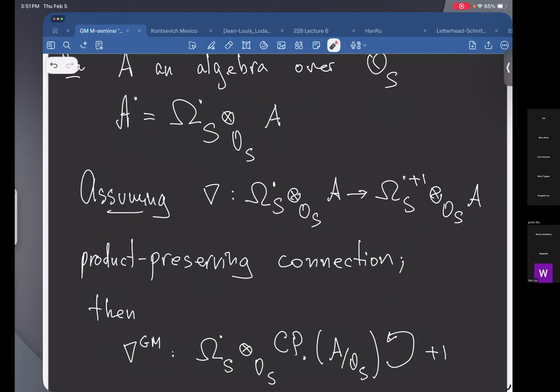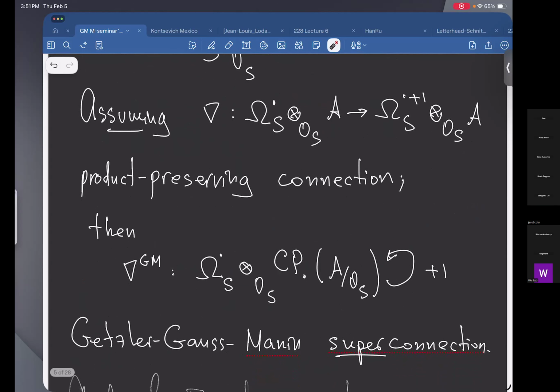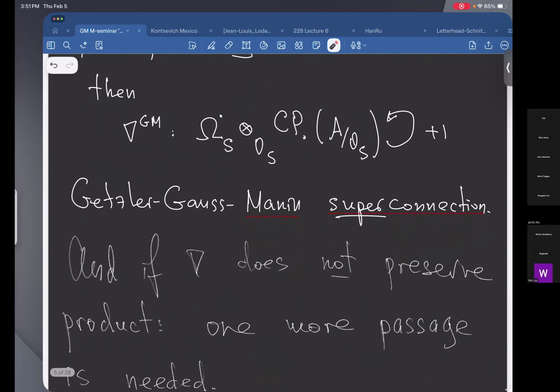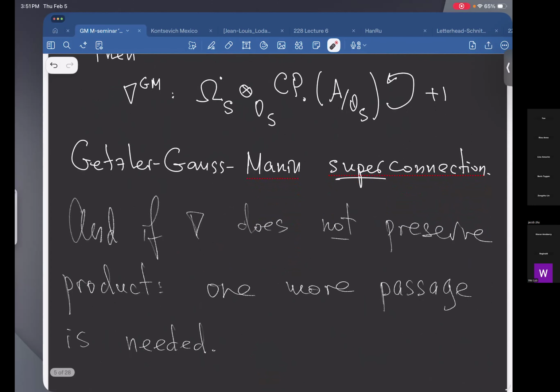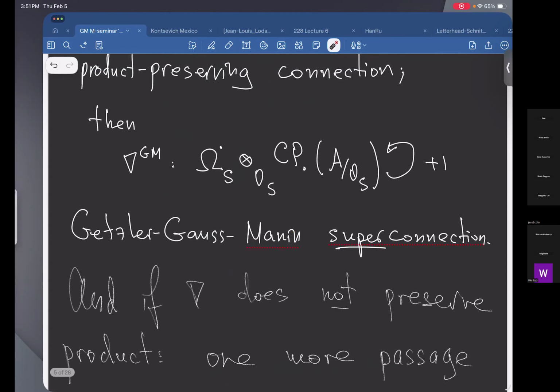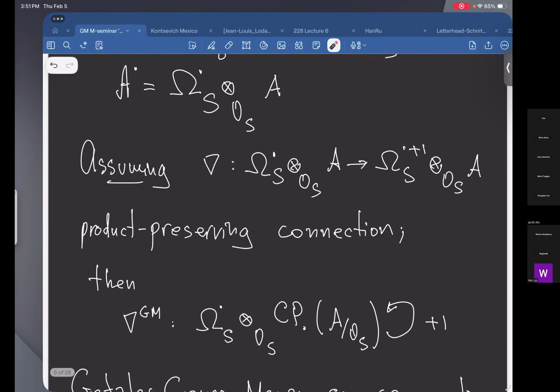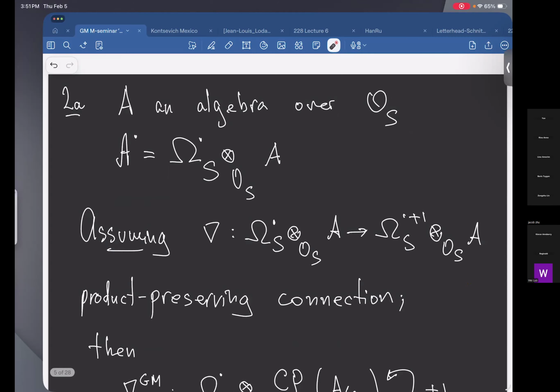So it's hard to say what it means. But there is another trick: if there is no such thing, you can pass to a bigger model, a bigger complex. In some sense, it's a little like passing to the Czech complex on the total space, but it's different. I think I will be able to say something about it later.